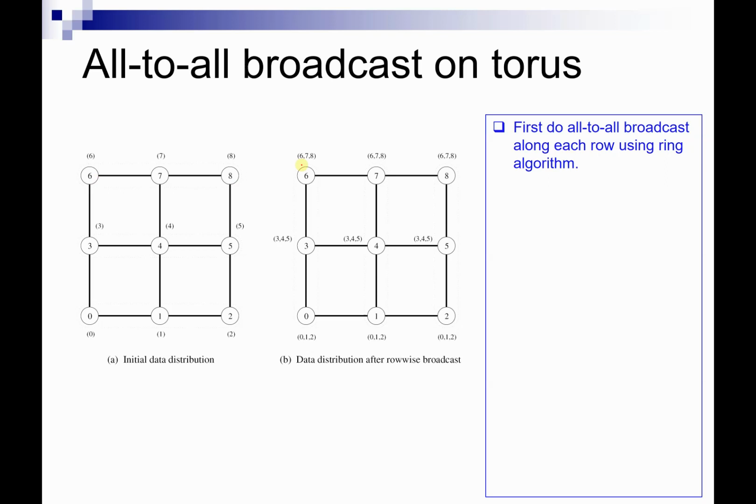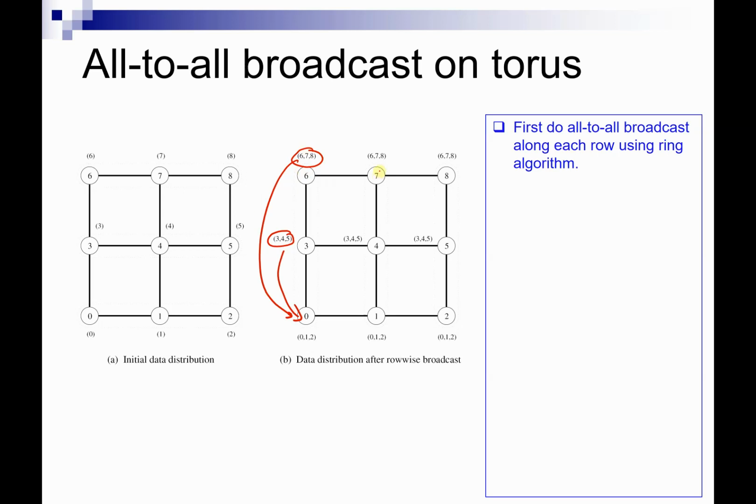If you do all-to-all broadcasts along the columns, then for example, the values on the first column all end up at 0. Basically, if you do all-to-all broadcasts on the first column, then all of the processes will have all 9 values.